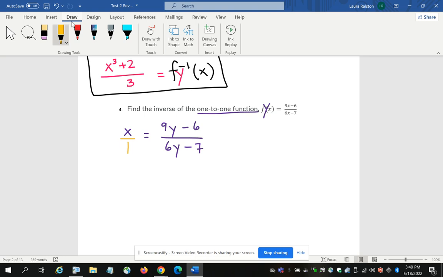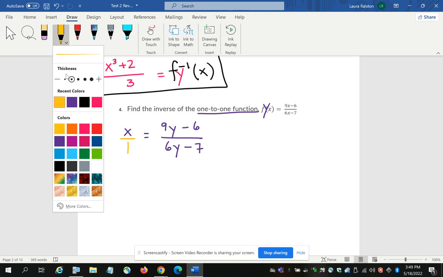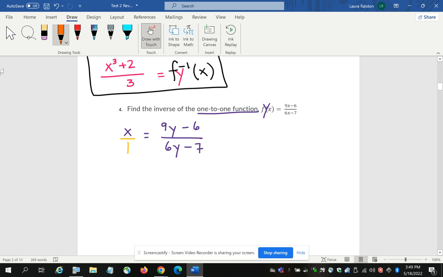So I have a fraction equal to a fraction, which is called a proportion. And we solve that by cross multiplication. So I'm going to multiply x times 6y minus 7 equals 1 times 9y minus 6.